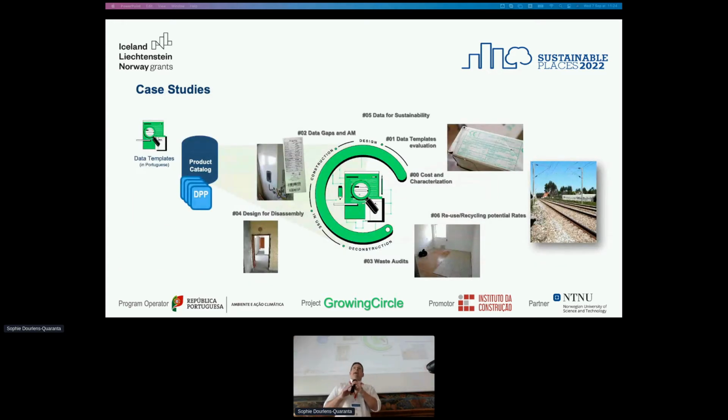On the practical side, case studies. We had some goals that were set up. One was to achieve a product catalog, but it had to be meaningful for the owners, for the public owners that manage residential buildings in this situation, and for the railway company that was supporting us.